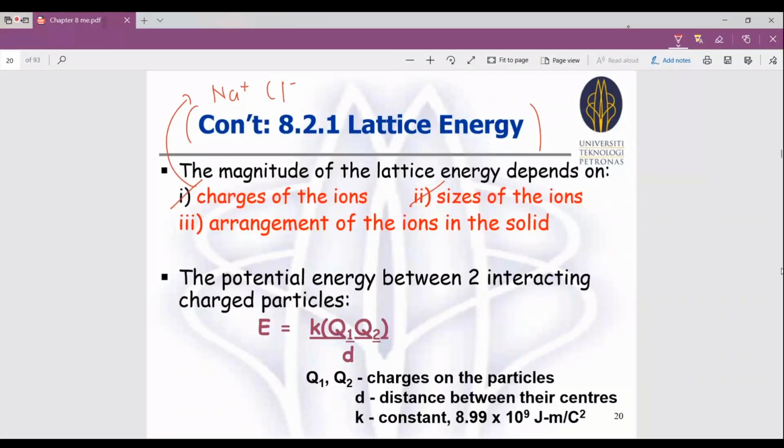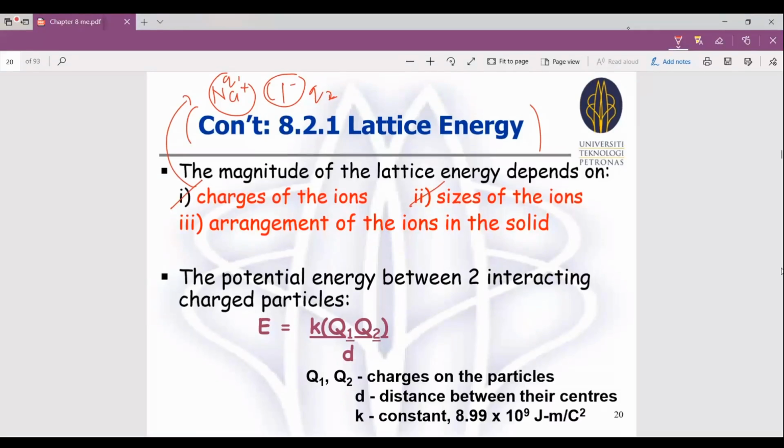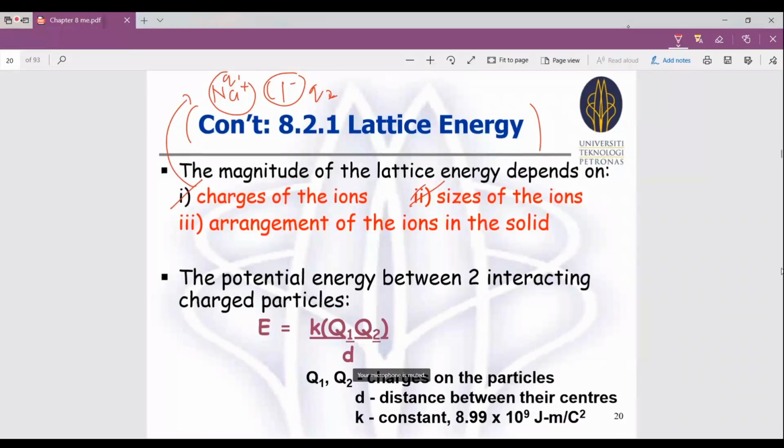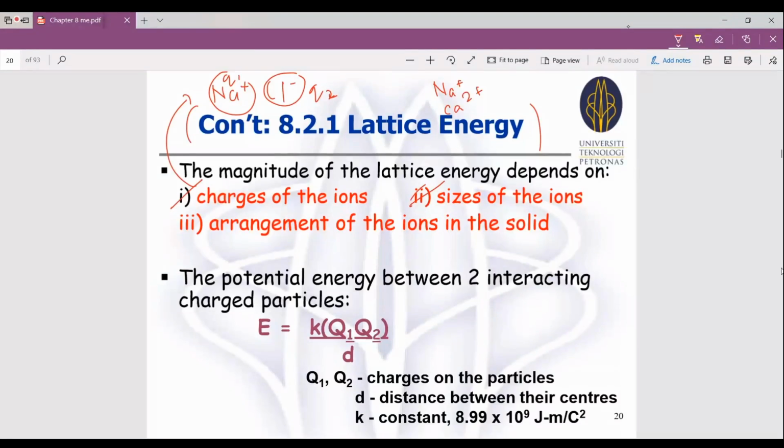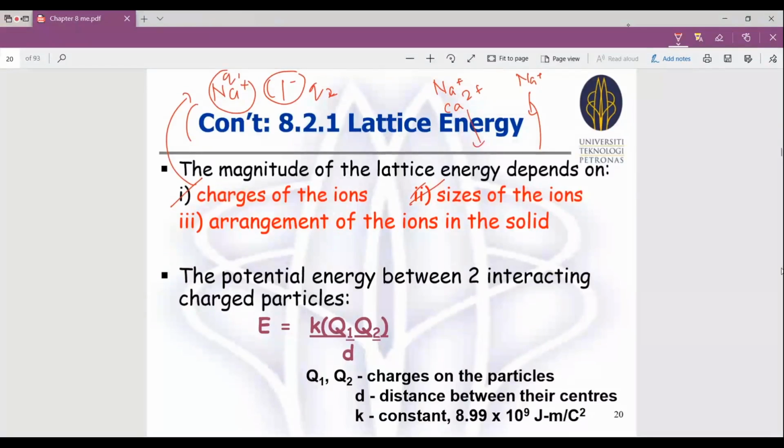So the charge of Na plus is Q1, Cl minus is Q2. And the size of ions, like Na plus, Ca2 plus. What happens to the size of ions when Na plus goes down group 1 and Ca2 plus goes down group 2? And then the arrangement of the ions in the solid.